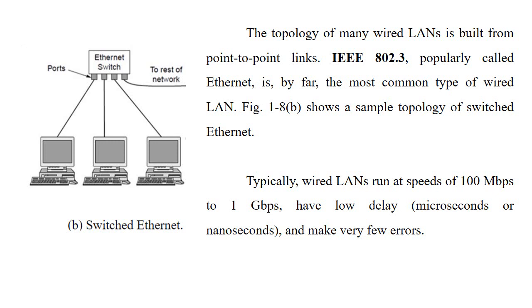In our lab, we have the wired connection only, so it is using the standard IEEE 802.3. Typically, this LAN will run at a speed of 100 Mbps to 1 Gbps, which can have low delay, or if the delay is greater than that for the particular speed, it may cause some kinds of errors. Clear, girls?